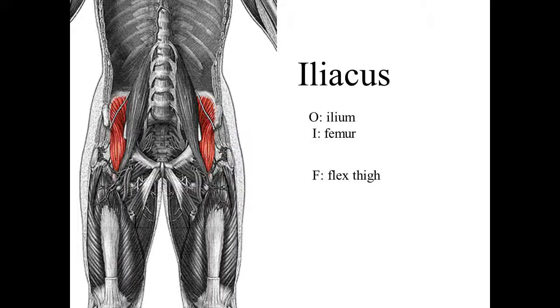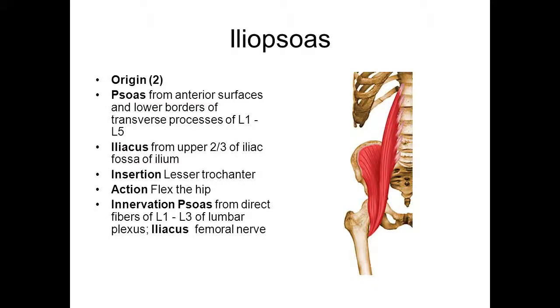The iliacus. Origin, upper 2/3 of the iliac fossa. Insertion, lesser trochanter of the femur, and it flexes and rotates the thigh medially. The iliopsoas.